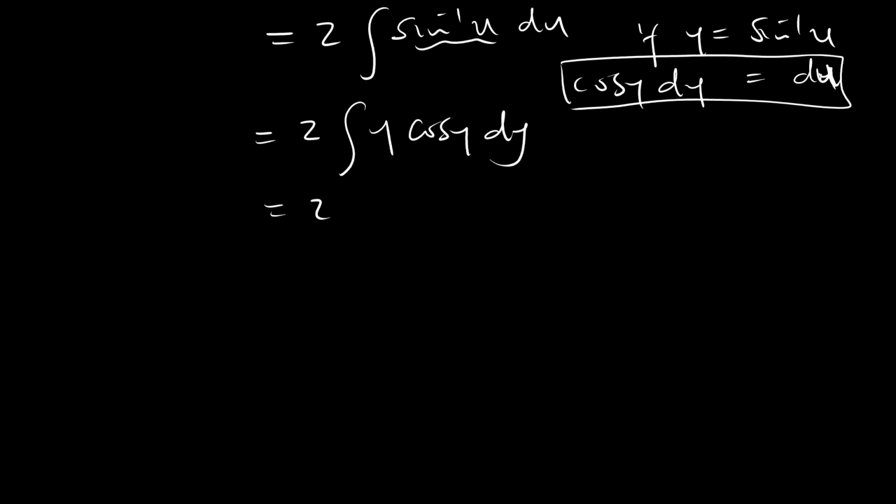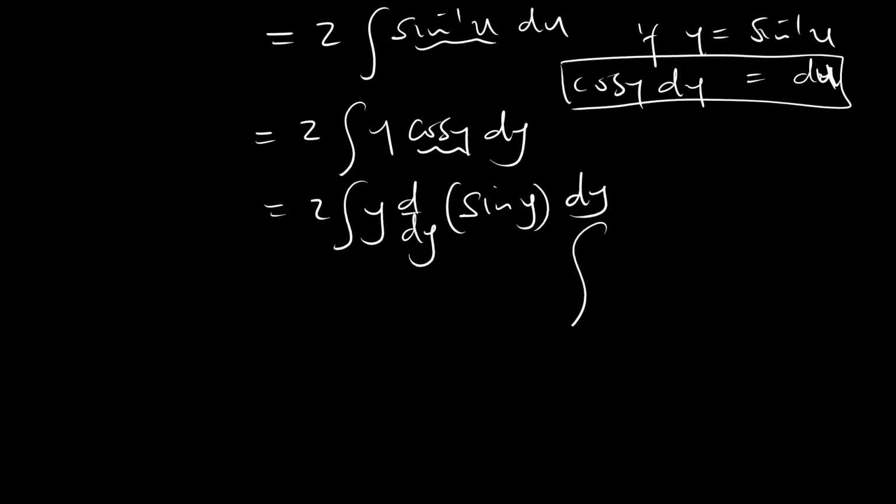And that means that now we can also express cosine y as the derivative with respect to y of sine of y. Then if we remember our integration by parts, where if you are integrating the product of v and the derivative of function u, we get uv minus the integral of u times the derivative of v.